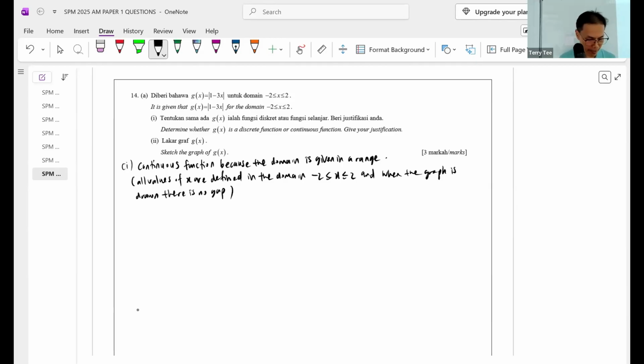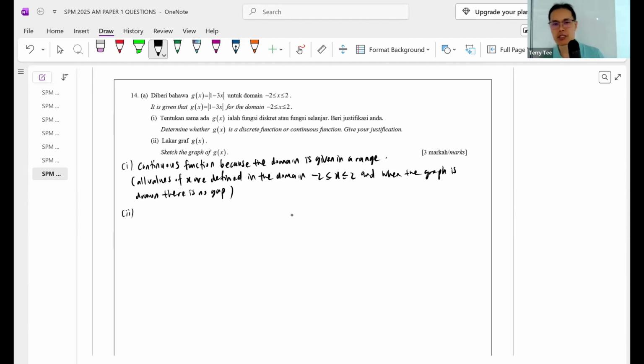Understand that? So how far do you want to write? In my opinion, the first one is enough: continuous, domain given in a range. But like I say, if you check the Yakin book or Google AI, they'll give you a long explanation. 1 mark only.